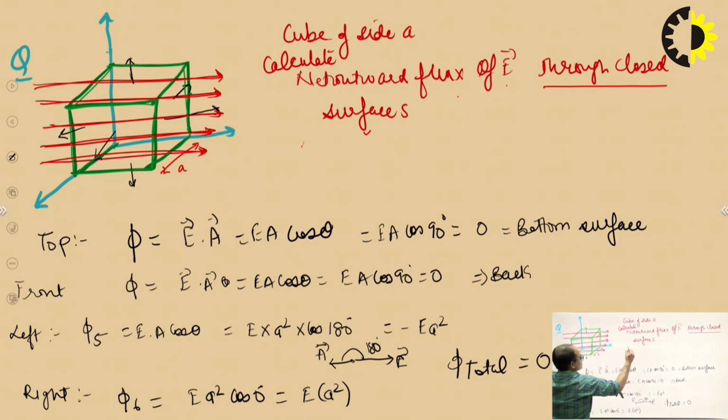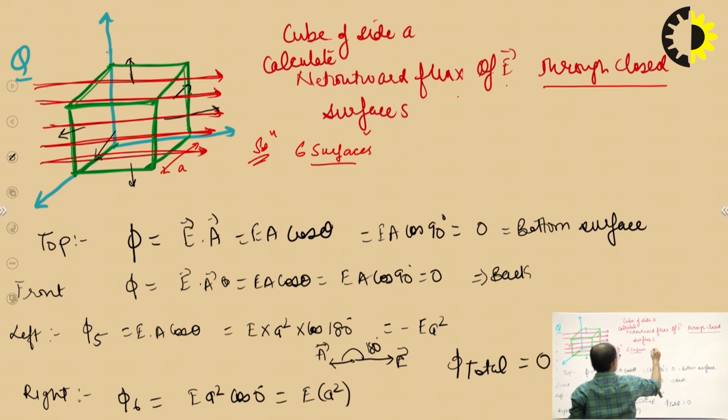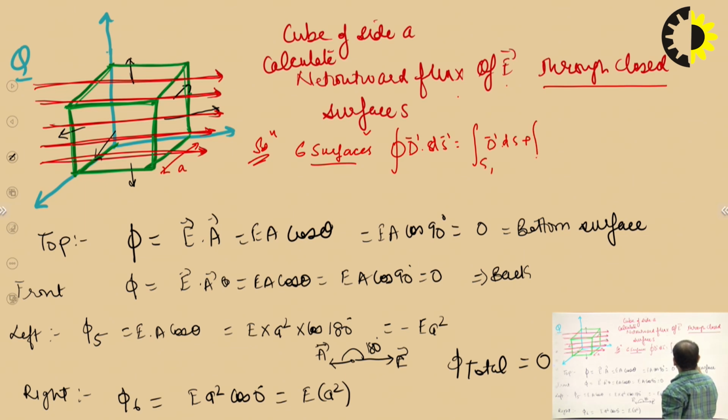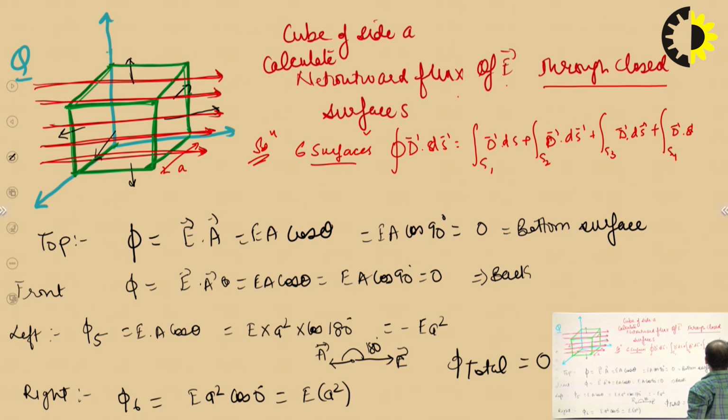As there are a total of 6 surfaces, the net outward flux, D dot ds, will be surface 1 D dot ds plus surface 2 D dot ds plus surface 3 D vector dot ds vector, plus surface 4, surface 5 and similarly surface 6.